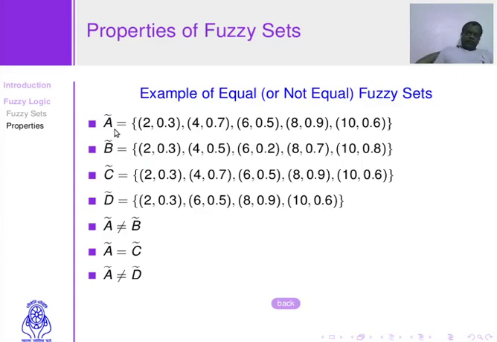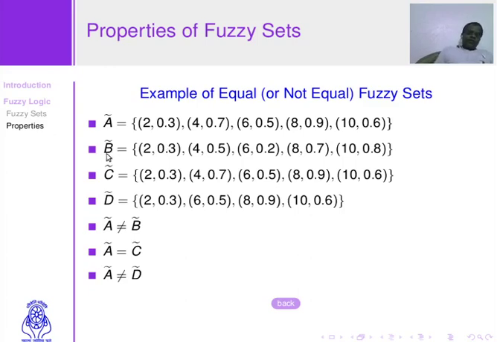If fuzzy set A is given, these are the elements of fuzzy set A: 2, its degree of membership is 0.3, 4 with degree of membership 0.7, 6 with degree of membership 0.5, 8 with degree of membership 0.9, 10 with degree of membership 0.6.